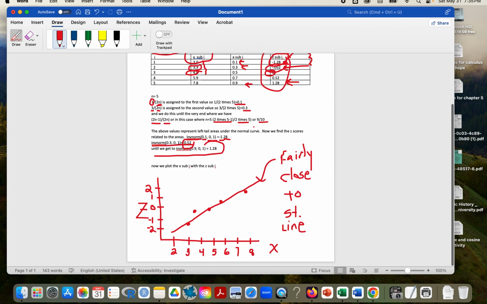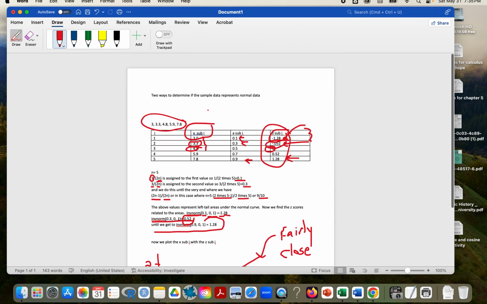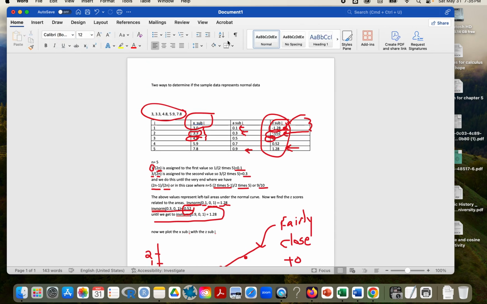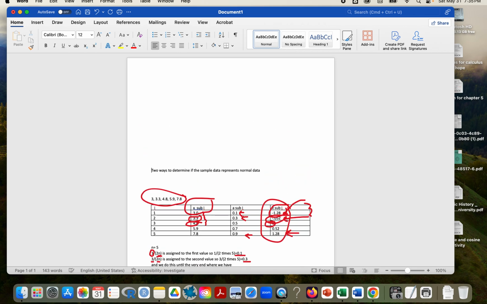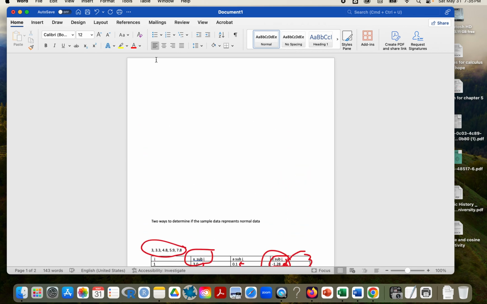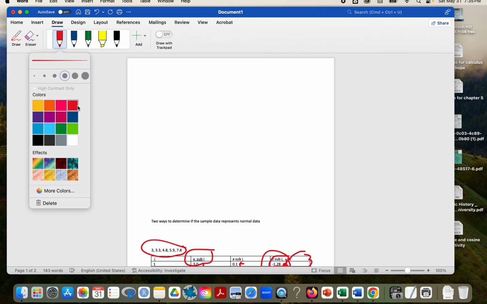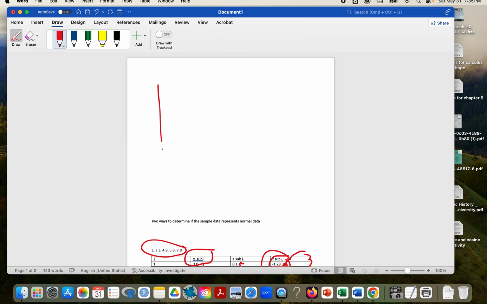Maybe I should sketch one that's goofy looking so you can see. Let me scroll some stuff down. Things you're hoping won't happen when you're looking at your data: you have this straight line, and you end up with something that looks like a horseshoe.